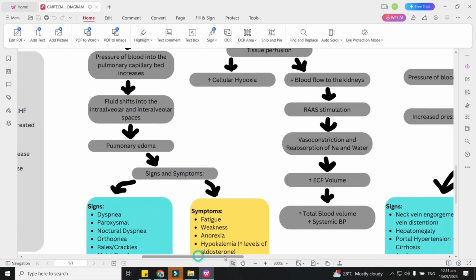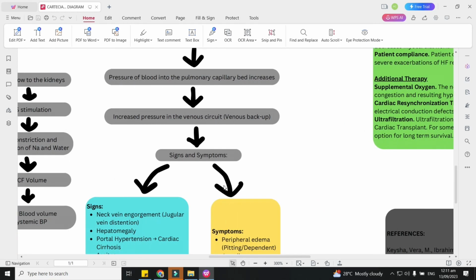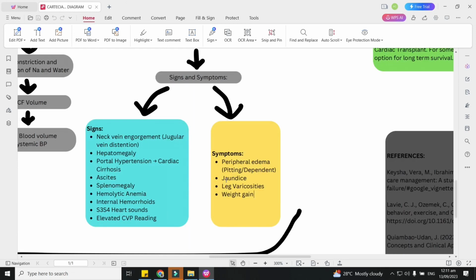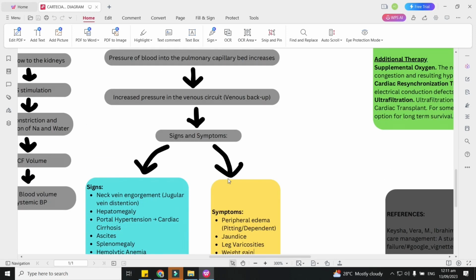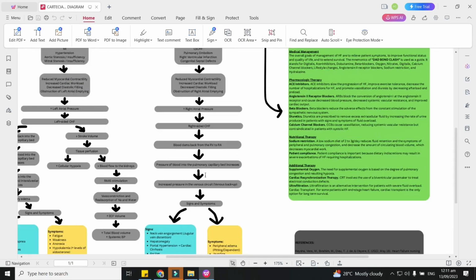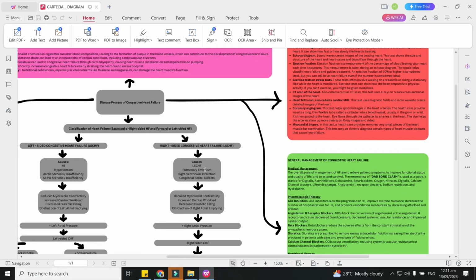So blood can back up on those areas, so in the lungs and in the abdomen part of the body. So this is the disease process of congestive heart failure.